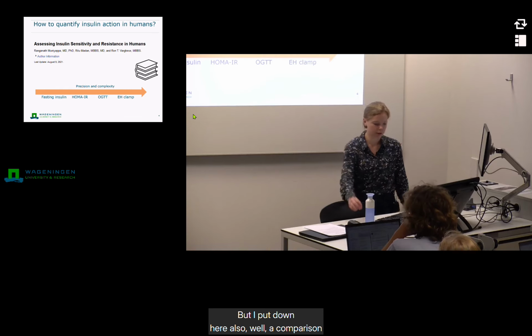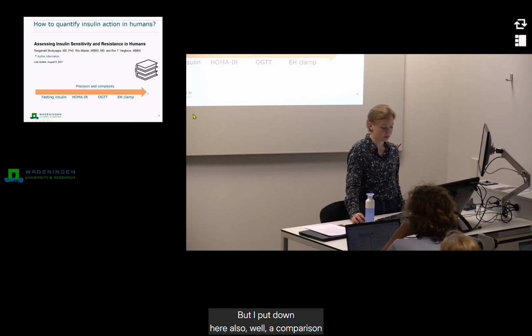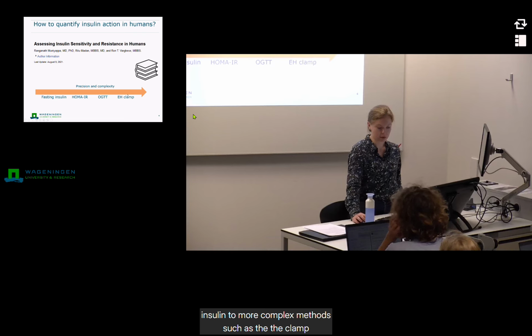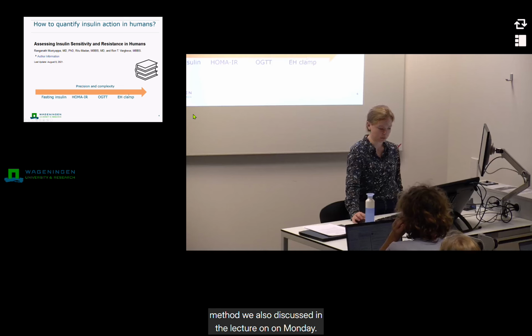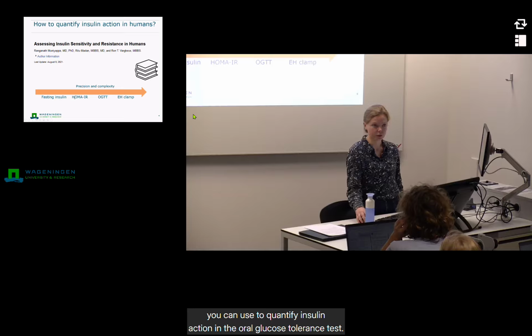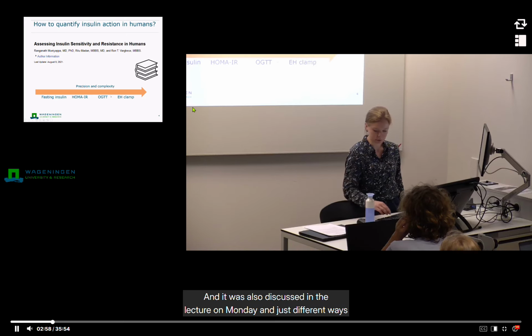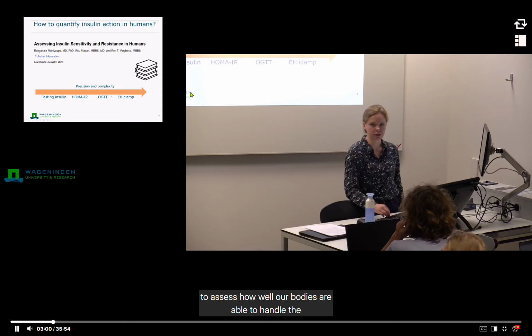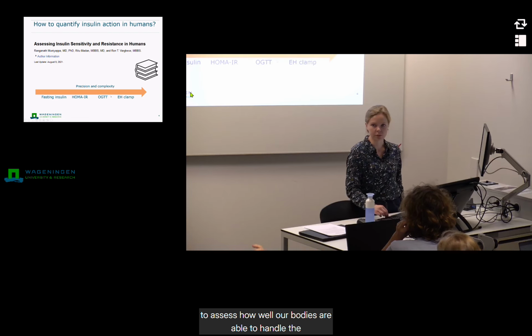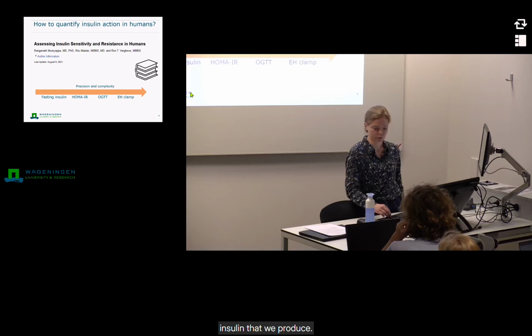But I put down here also a comparison going from very easy or quick methods to measure insulin to more complex methods, such as the clamp method we also discussed in the lecture on Monday. And in between are things like the HOMA-IR, which is a calculation you can use to quantify insulin action, and the oral glucose tolerance test. That was also discussed in the lecture on Monday. And just different ways to assess how well our bodies are able to handle the insulin that we produce.